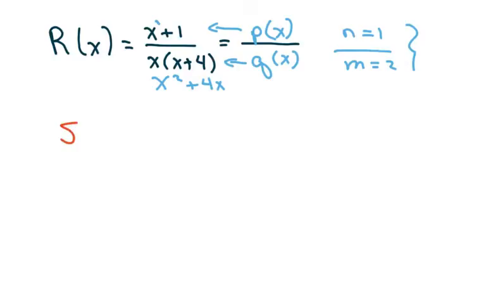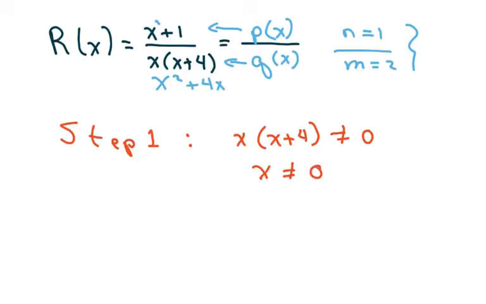Now we're going to do step 1. Step 1 is find the domain. That means you set the denominator to 0. So we get x times x plus 4. We can't divide by 0. So x can't be 0, and x plus 4 cannot be 0, so x cannot be negative 4.